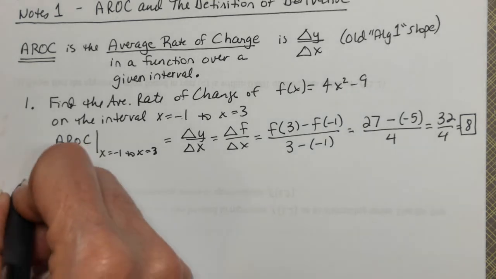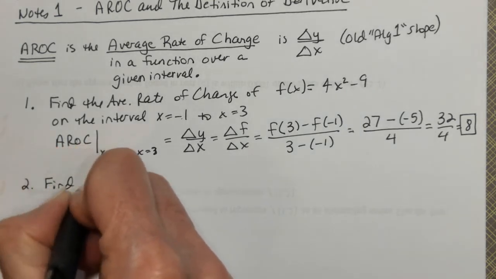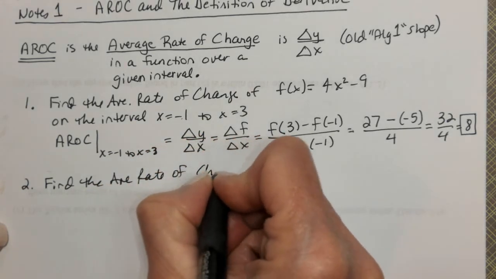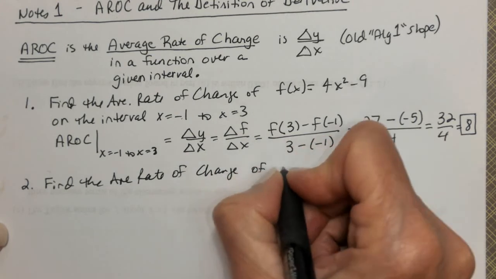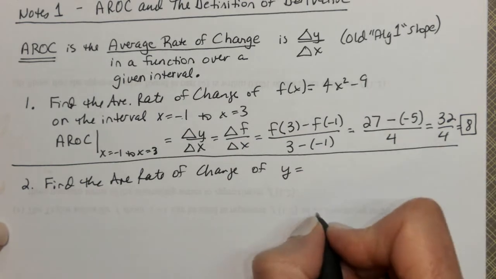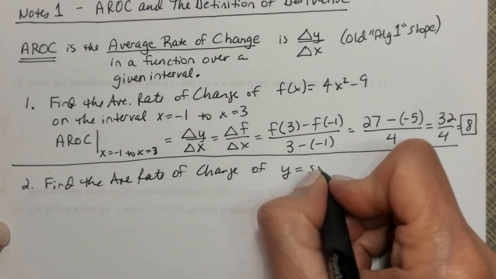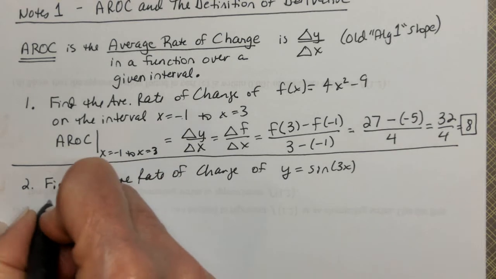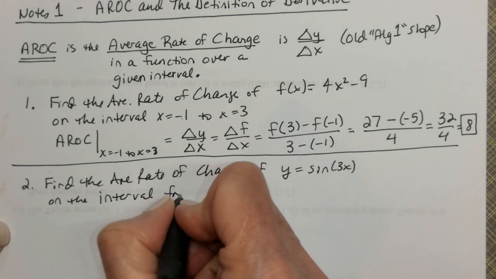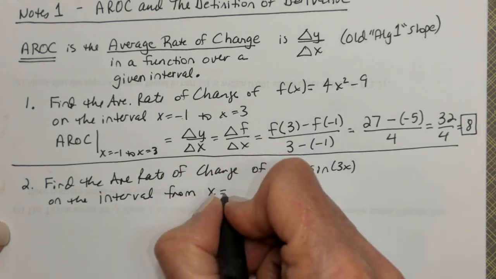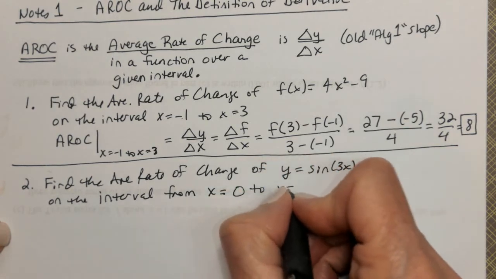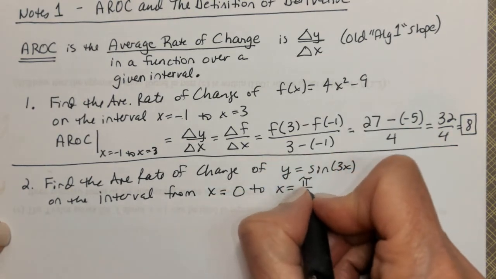Let's do one more. Let's find the average rate of change of y is equal to sine of 3x on the interval from x is equal to 0 to x is equal to pi over 6.